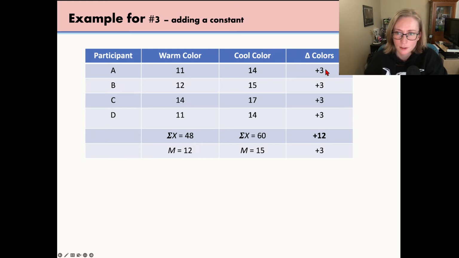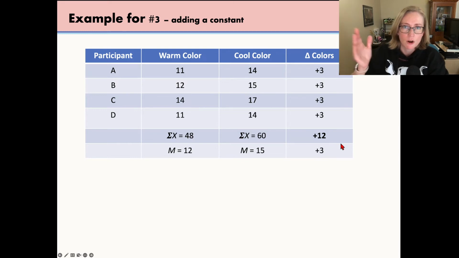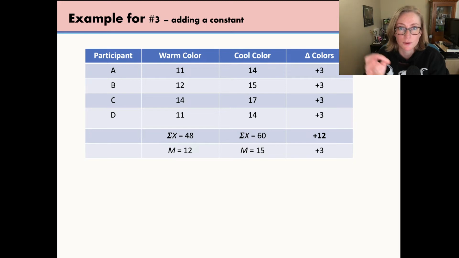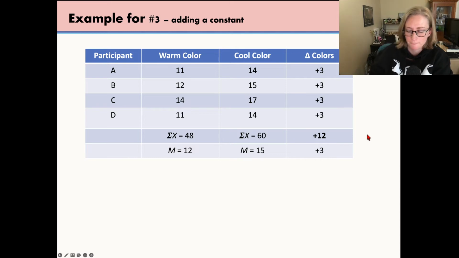So instead, we know that constant is +3 for each value, so we simply add that constant to the mean. This mean right here. So we do 12 plus 3. The new mean is 15 for that category. Okay.